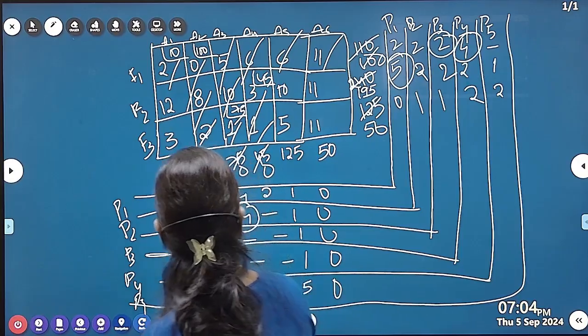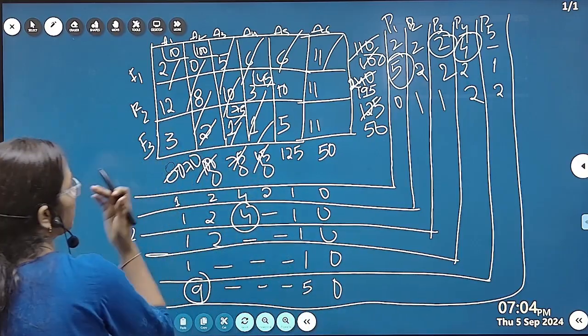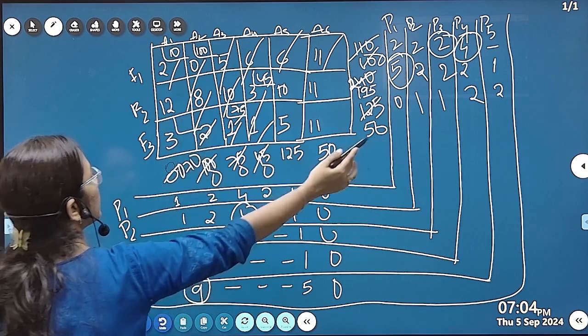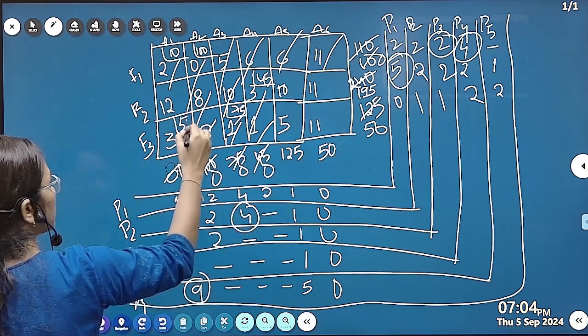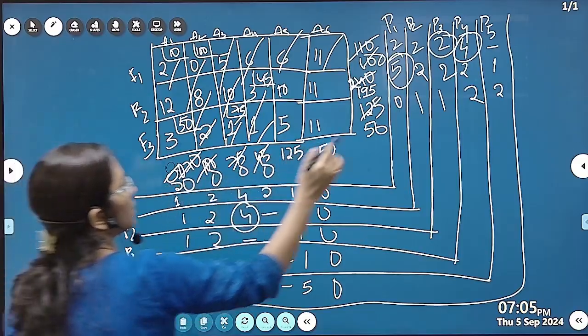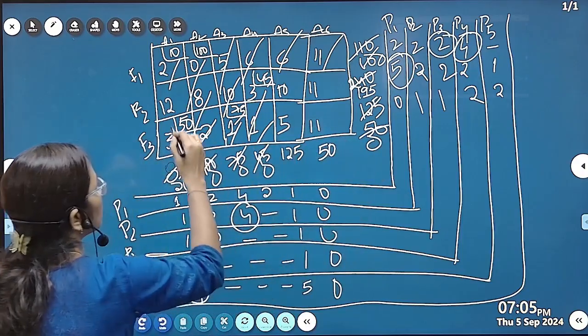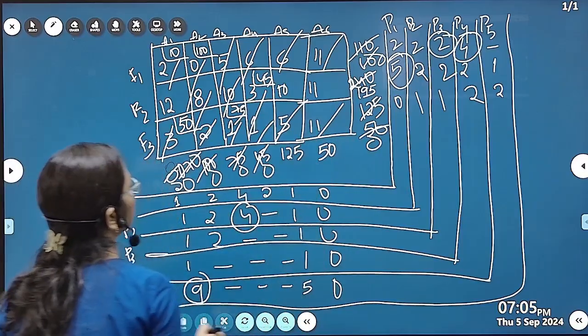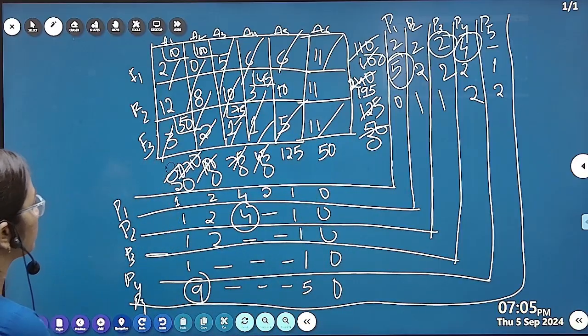Nine. So here 9 will be the higher number. So here there are only 50 units, but here there are 70 units, right? So 20 units will remain. It will become 0. Okay.